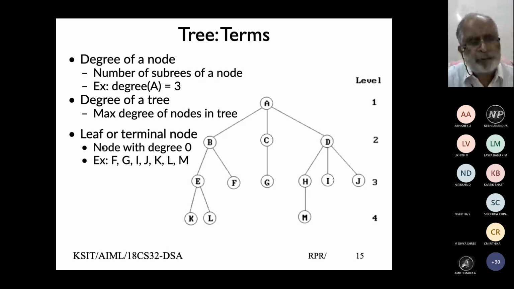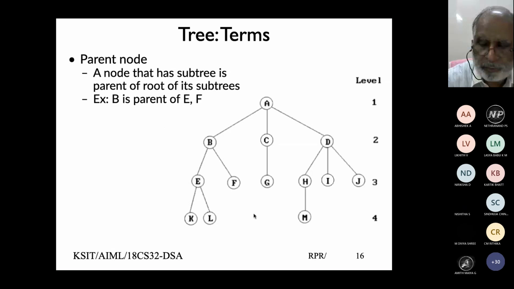Then we looked at defining the leaf node, which is of degree 0, because it has no subtrees. In this diagram, we looked at all these nodes, K, L, F, G, M, I, J. These are leaf nodes. And then we defined the parent node.